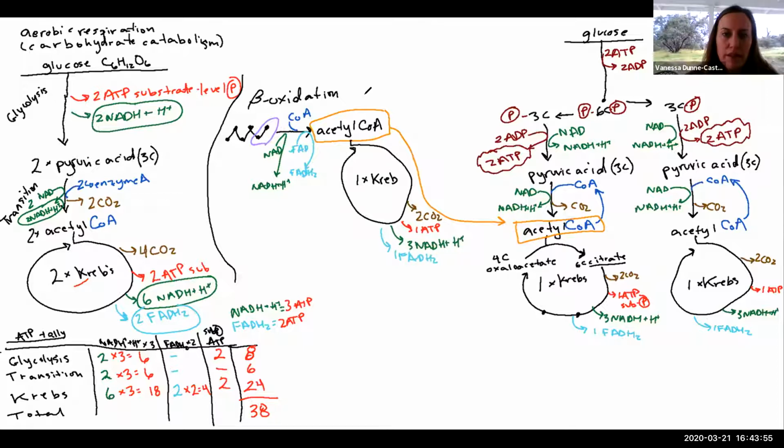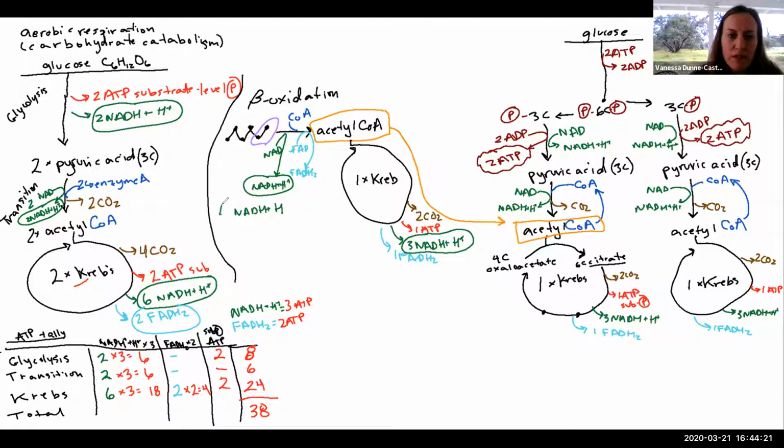All right, so now let's count up all of our potential and actual energy yield. Let's start with how many NADH plus H plus molecules are generated. We have 1 in an actual beta oxidation event, and then 3 in the single turn of the Krebs cycle for each beta oxidation event.